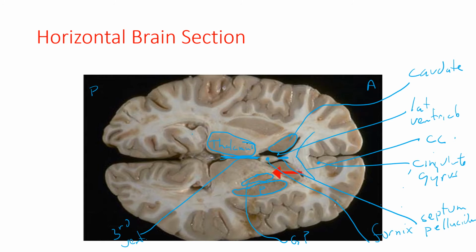And so, once again, we can see an area of white matter here, anterior limb, internal capsule, lateral boundary of the thalamus, posterior limb, internal capsule. As I move posteriorly, I can see just a little bit of the lateral ventricles.